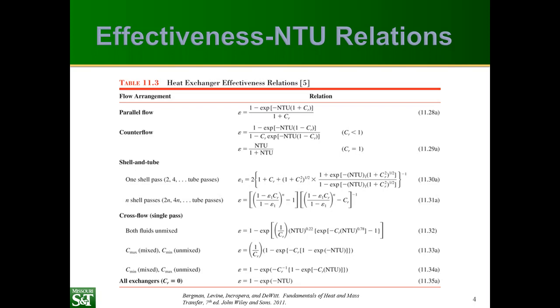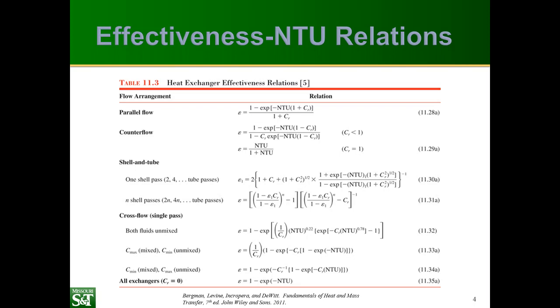And the way we do that is from these tables of relationships. So if you have a heat exchanger and you know the NTU, you can use the equations on this slide to find its effectiveness. And that'll let you figure out the heat transfer across this.